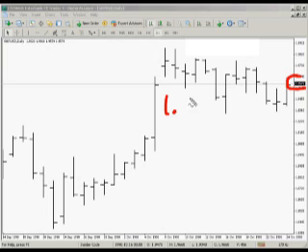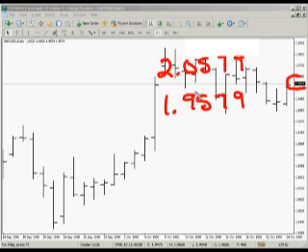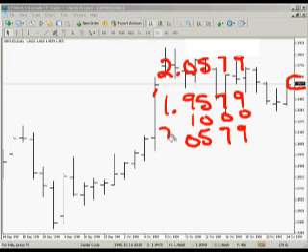If price starts at 1.9579 and the market moves up 1,000 pips, that means it's gone from 1.9579 to 2.0579, right? Because we're simply adding 1,000. Remember, 9 plus 1 is 10. Carry the 1, 2. There we go.